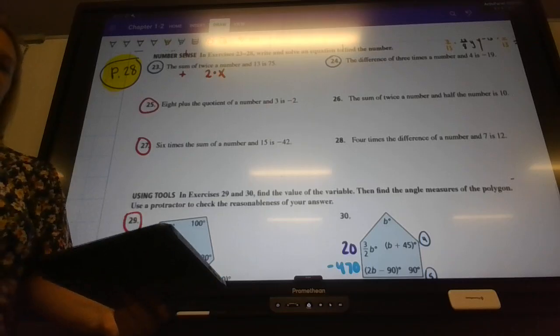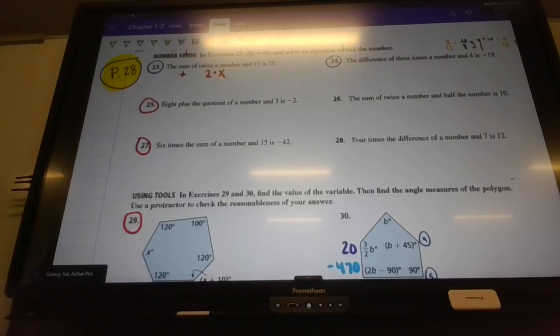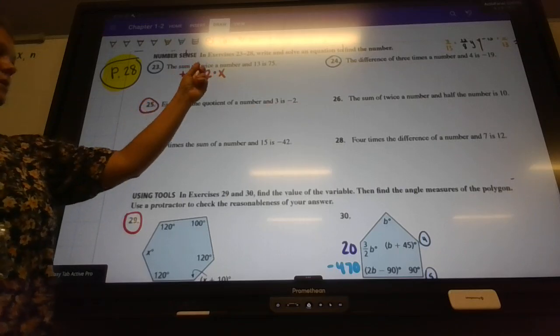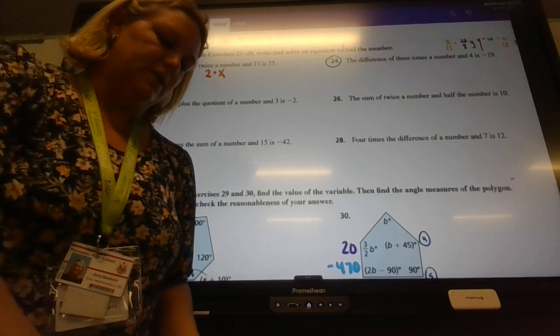Whenever they say a number, that's where you're supposed to insert the variable. If they're not going to just tell you what that number is, you can put in any letter you want. You can use x or whatever you want. So twice a number, 2 times x or 2 times n.